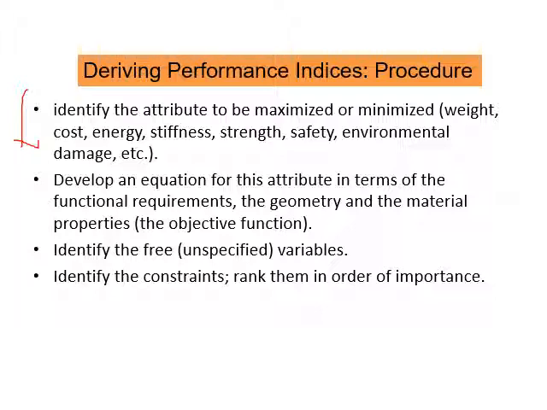Second, develop an equation for this attribute in terms of the functional requirements, the geometry, and the material properties, which is the objective function. Third, identify the free, which is unspecified, variables. Fourth, identify the constraints and rank them in order of importance.